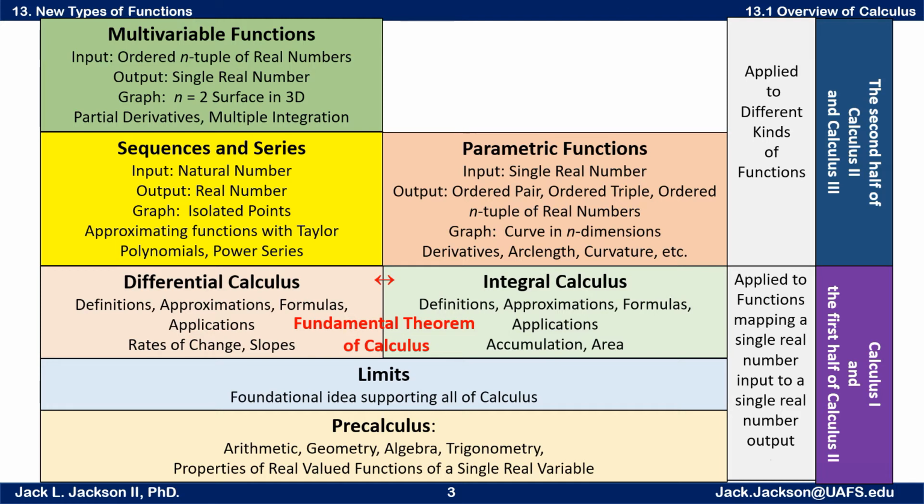Now if we were to graph those, then what we get is a surface in 3 dimensions. And we could extend this to higher dimensions as well. The input could be an ordered triple and the output's a real number, or the input's an ordered n-tuple, and the output's a single real number.